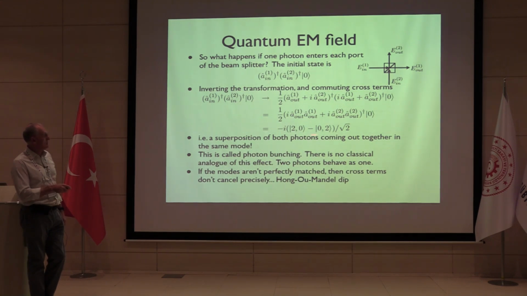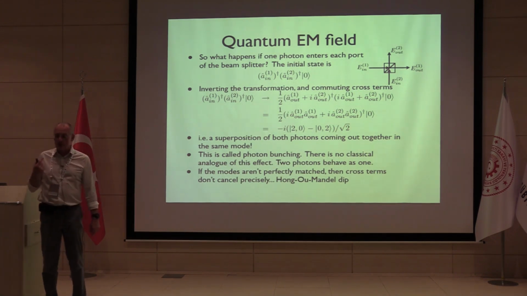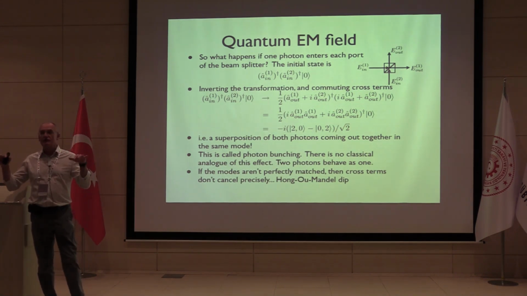So you put 1 and 1, but you will have 2 and nothing, or 2 here and nothing there. That's the essence of the Hong-Ou-Mandel effect that comes from the interference of amplitudes. That's why it's quantum, because it happens at the level of amplitude. That's where quantum mechanics operates.